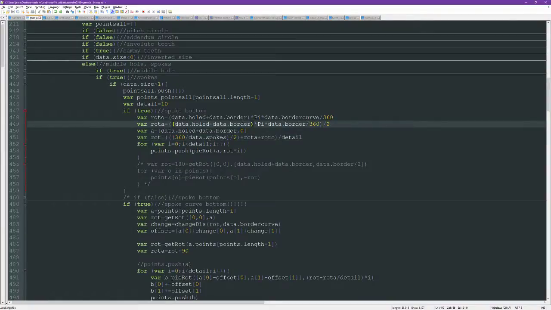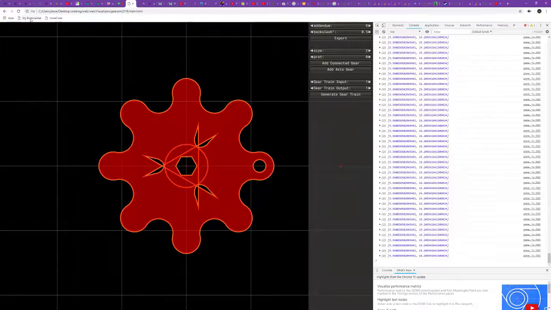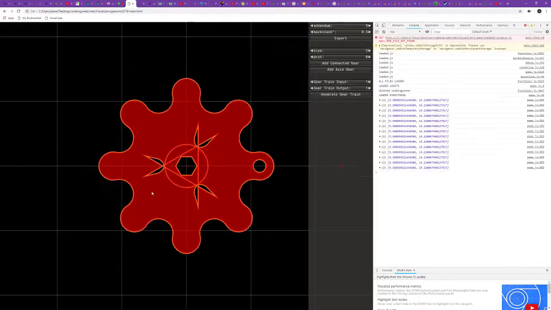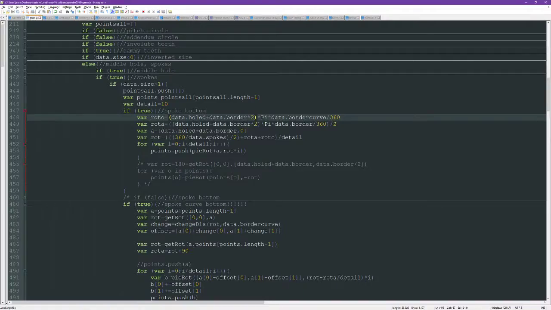Border times 2. Didn't do anything. Is it supposed to be pi times 2?